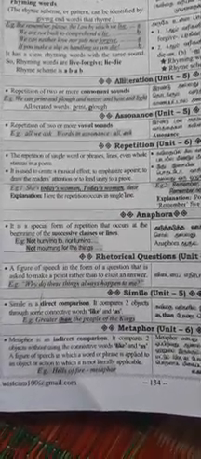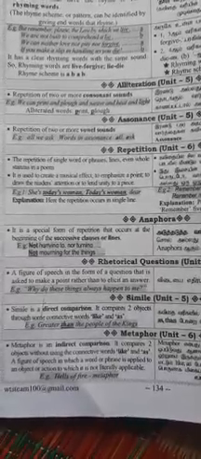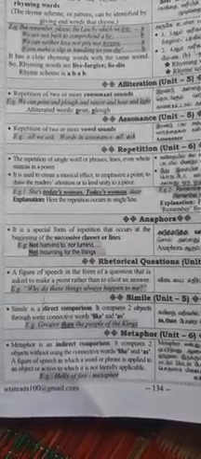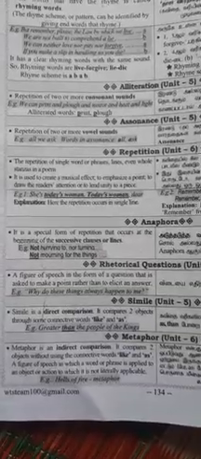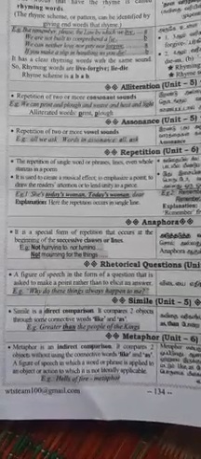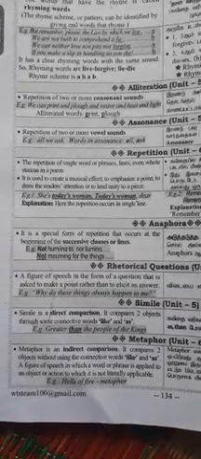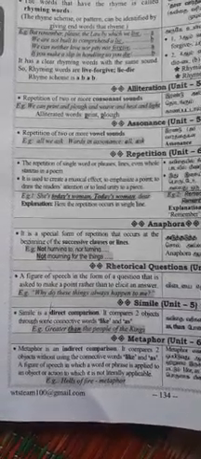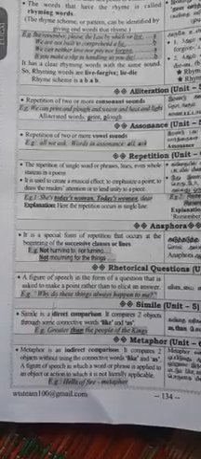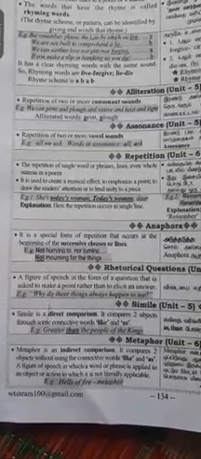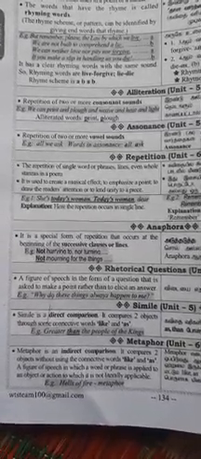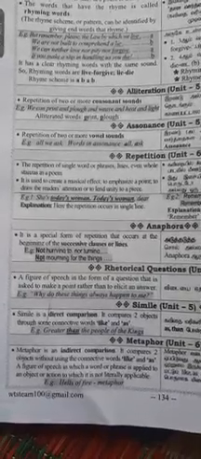So if you see any word like or as, you should confirm it as a simile. But indirect comparison, here look at the line, hells of fire. Here he mentions hell as well as fire. So two things are indirectly compared. This is called metaphor.